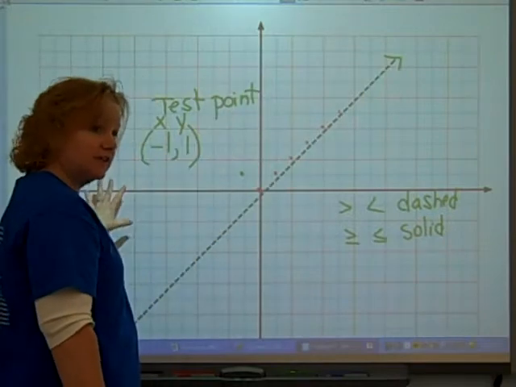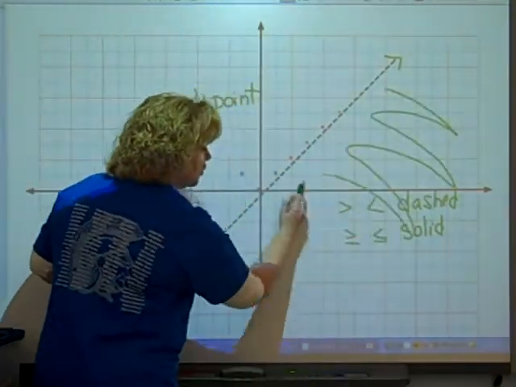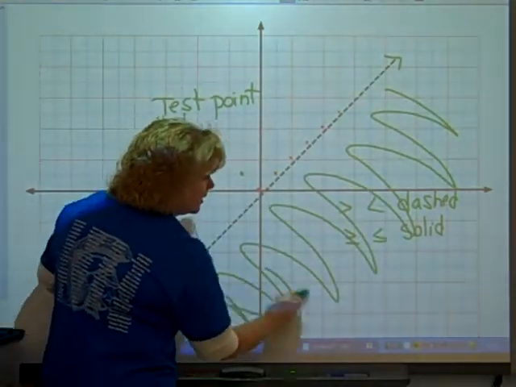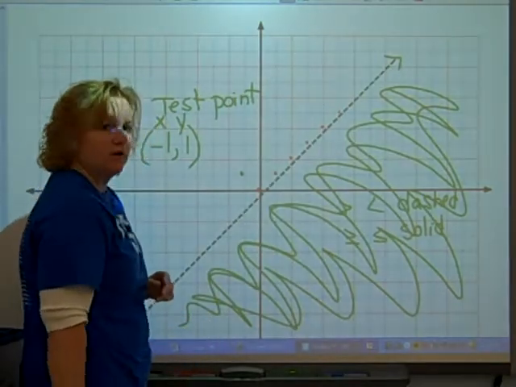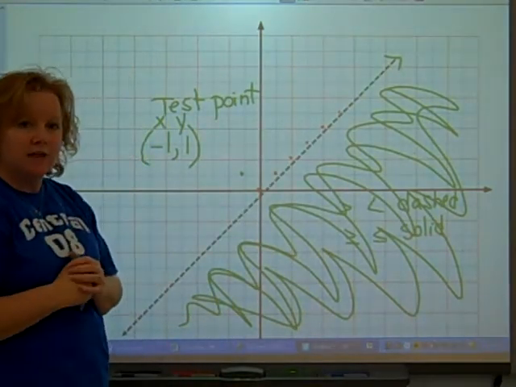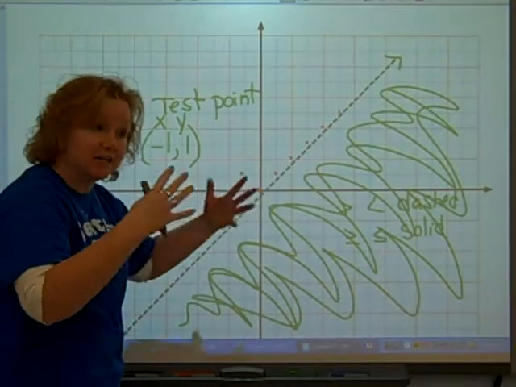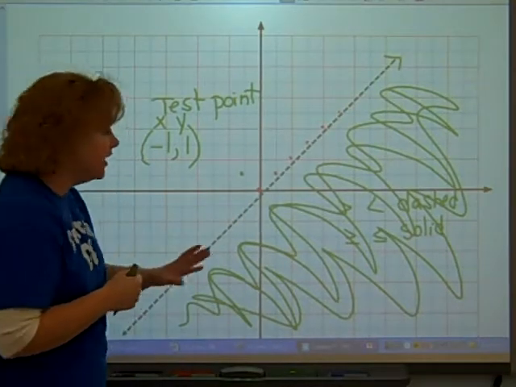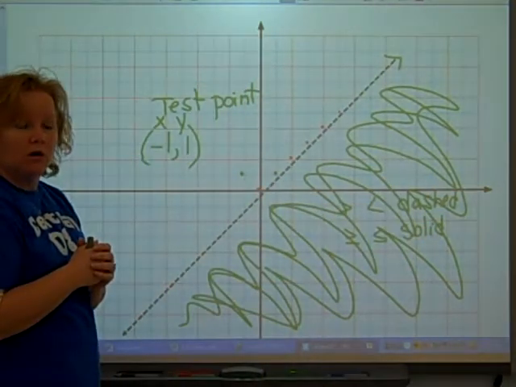So if they're not on this side, they are on the other side. So you are going to shade to indicate that you know that all the answers are over here. We're done. That's the answer. Okay? So those are the answers, I guess is a better way to say that, because this whole region are answers that will work.